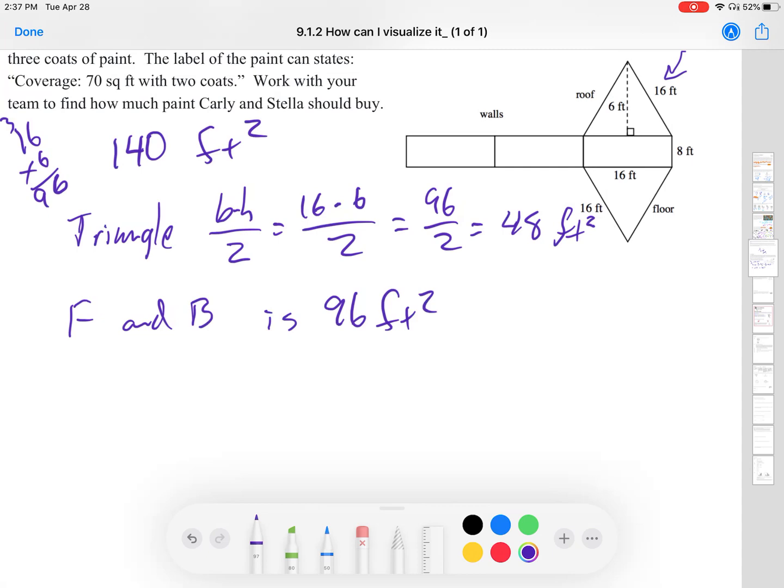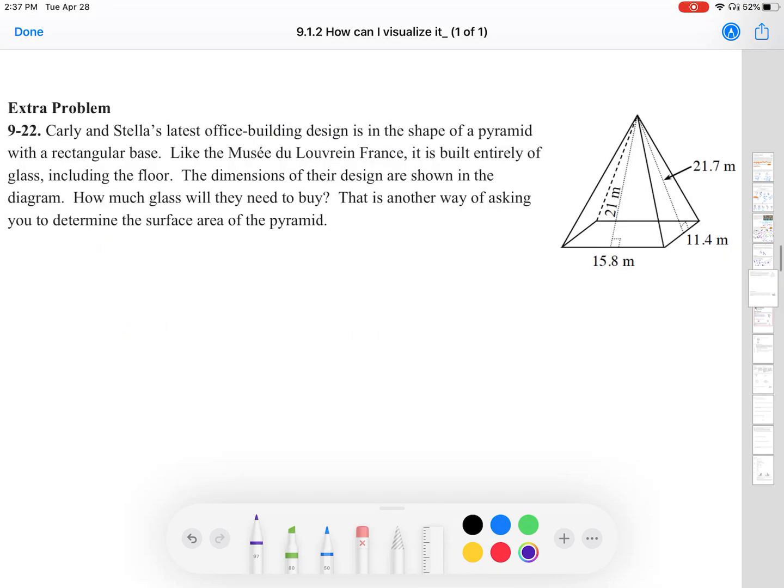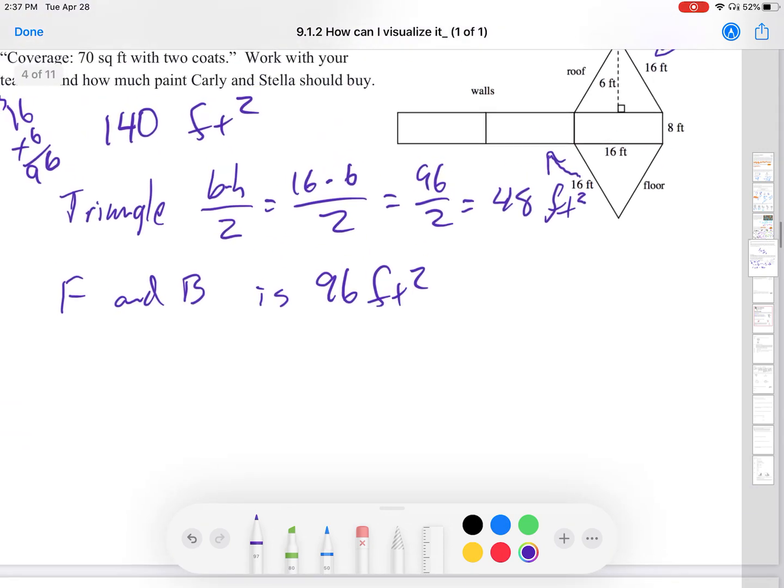Now let's just do the floors and the walls. It looks like if I follow these, this 16, if I were to fold that up, that one's also 16, and then this one would also be 16. So each of these rectangles are the same. They are an 8 by 16.